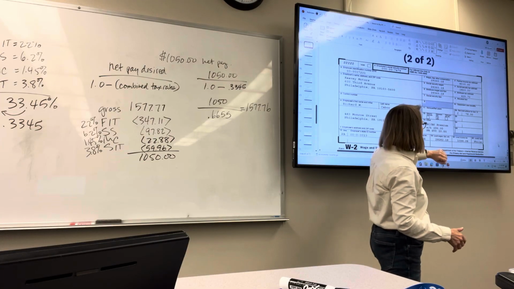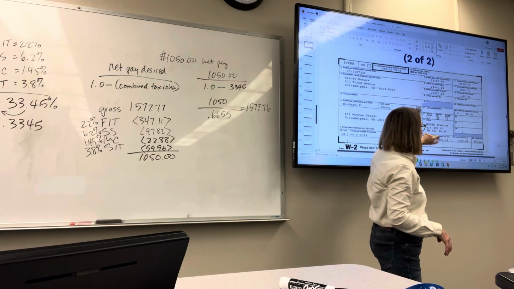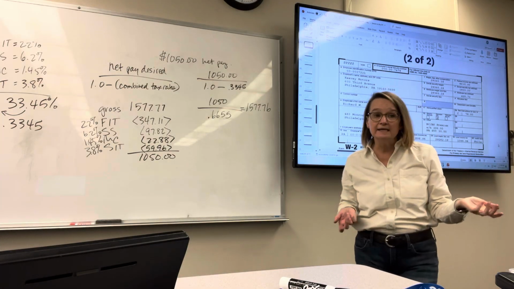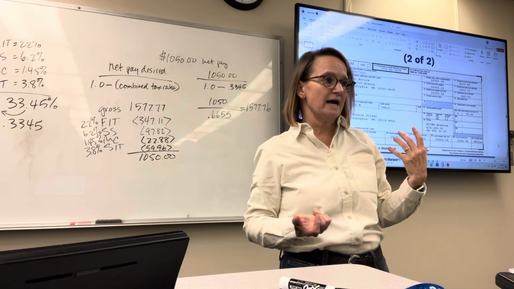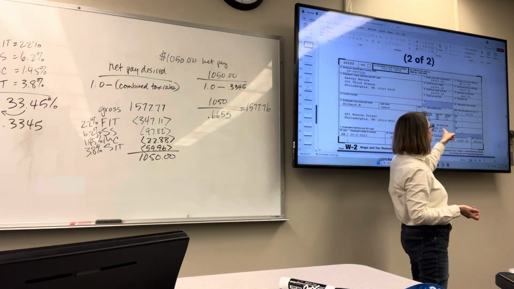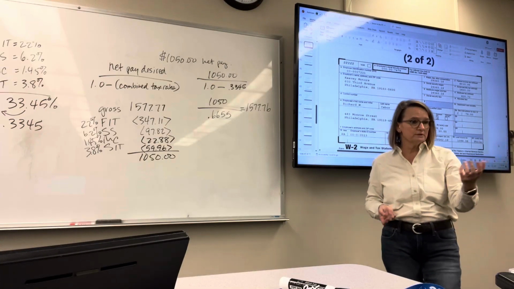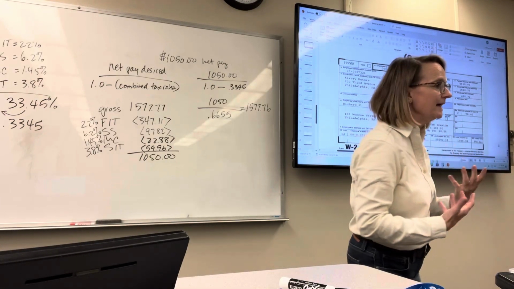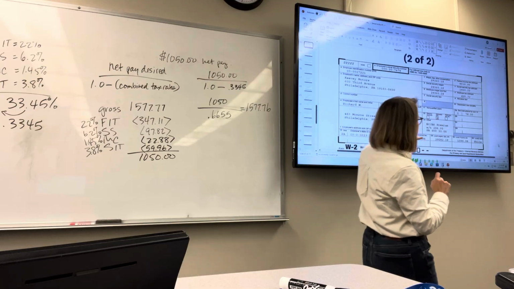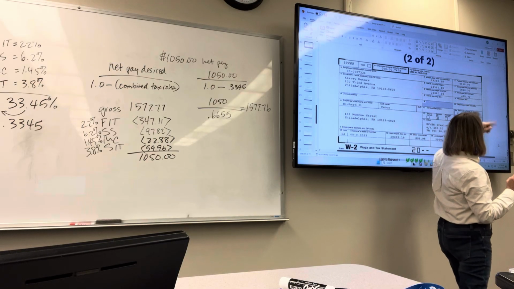That would be checked. Box 14 is just other information that the employee may need in order to prepare their individual tax return. So you can see they withheld $296 for Blue Cross Blue Shield insurance premiums. Again, for some reason it may be showing up as pre-tax, but normally that would also be listed over here with a code.